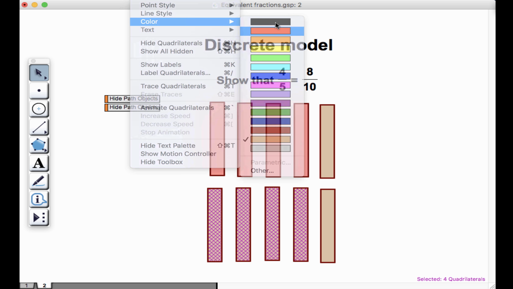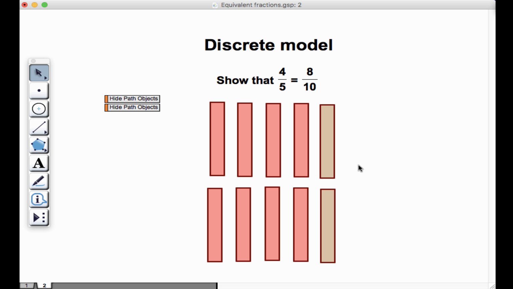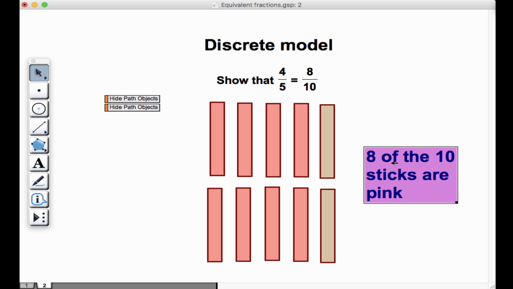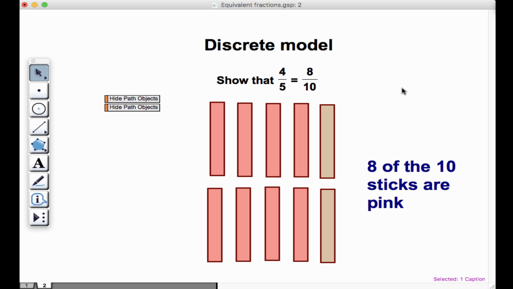So we might start there instead. Now we clearly have a picture of 8/10, right? Why is it 8/10? Because 8 of the 10 sticks are, let's call it pink, right? Clearly this is a picture of 8/10 because 8 of the 10 popsicle sticks are pink.